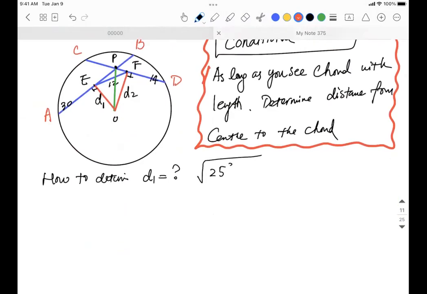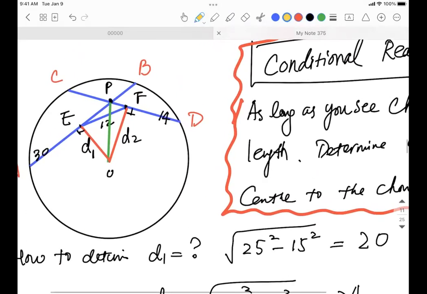So square root of 25 squared minus 15 squared. Is it right? That's going to be 20. So D1 equals to 20. D2, you can do the same thing. That's going to be 24. One is 20, one is 24. Okay. This is 20. This is 24.